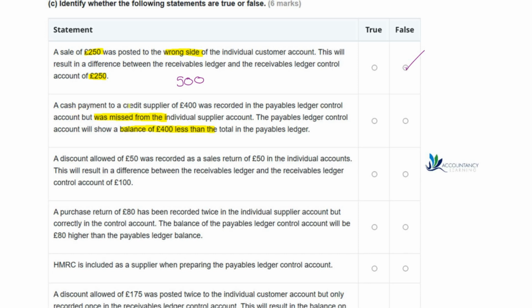The payment has gone into the control account, so it's reduced that, but it hasn't gone into the payables ledger. So the control account is going to have a lower balance by 400 than the payables ledger, so that's true.